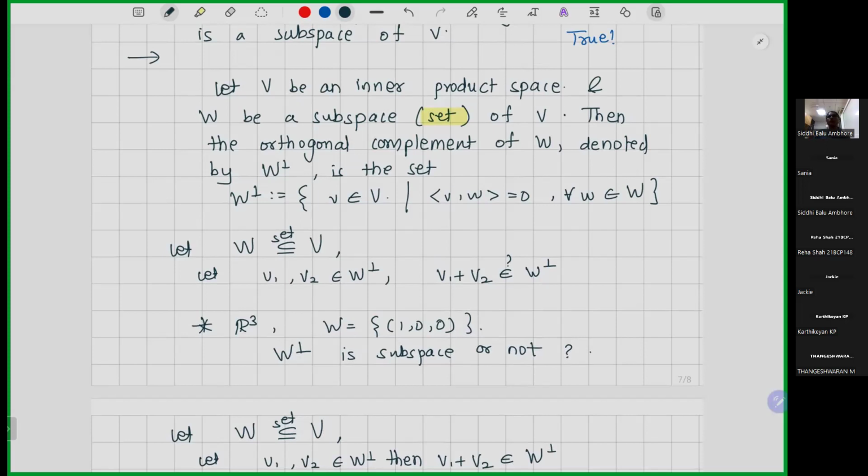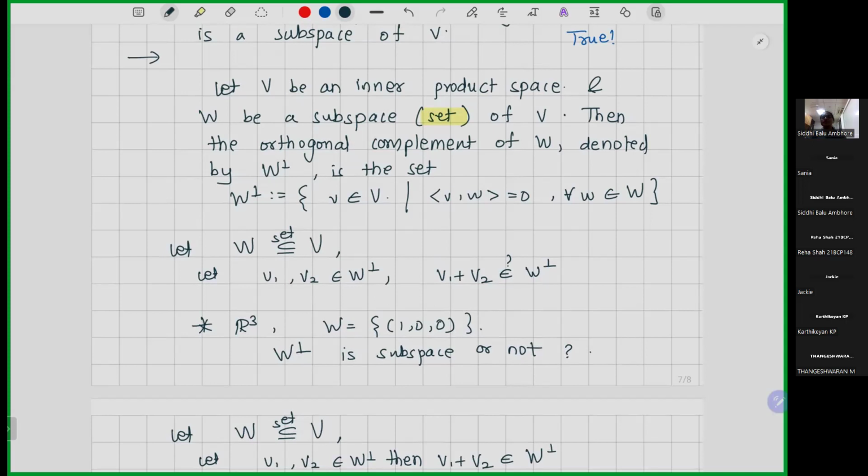Is it necessary that it would have the same dimension? I'm trying to say that in your given example, W had a dimension of 1 in R3, but V would have a dimension of 3. So how would the inner product work?